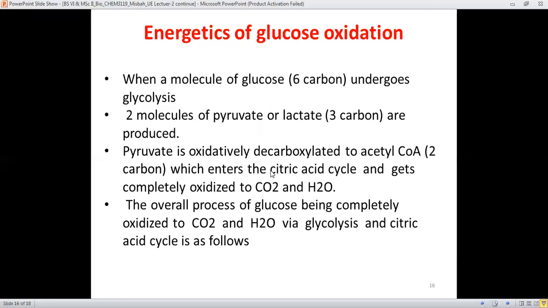And therefore the pyruvate is oxidatively decarboxylated to give acetyl CoA, which enters the citric acid cycle and gets completely oxidized to carbon dioxide and water. And the overall process of glucose being completely oxidized to carbon dioxide and water via glycolysis and the citric acid cycle is as follows.